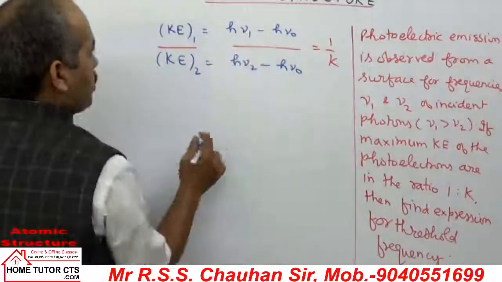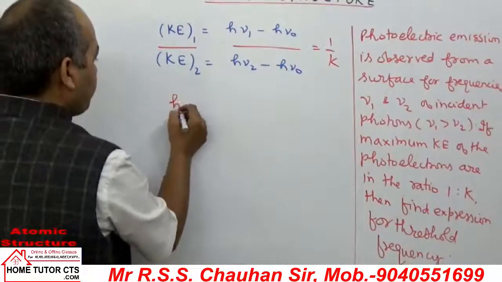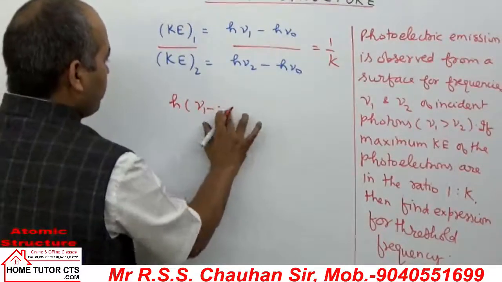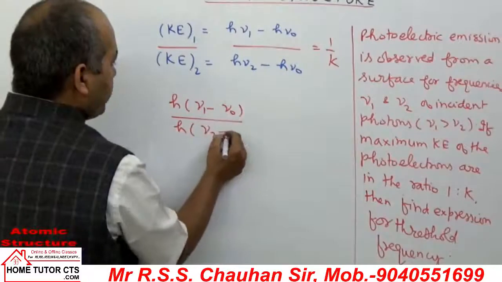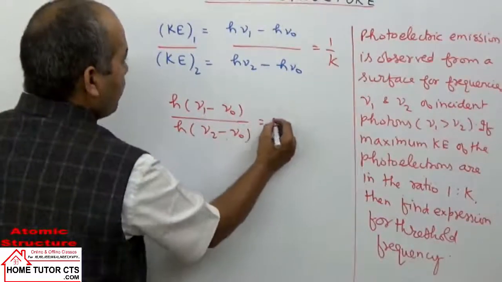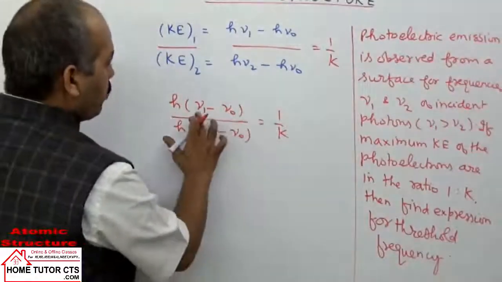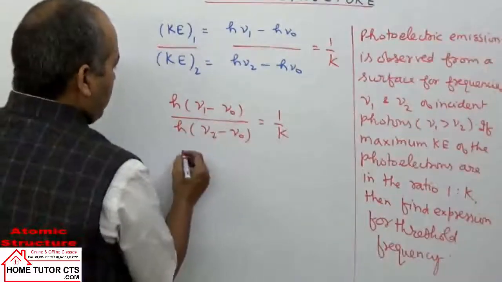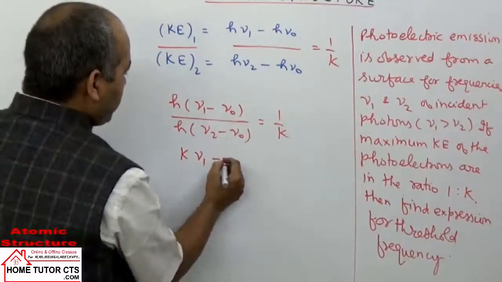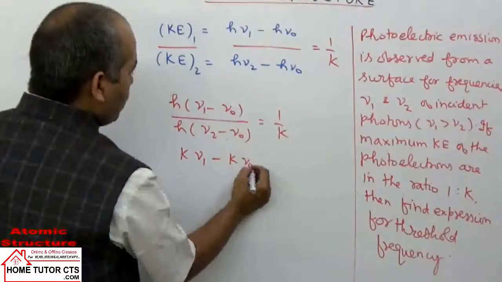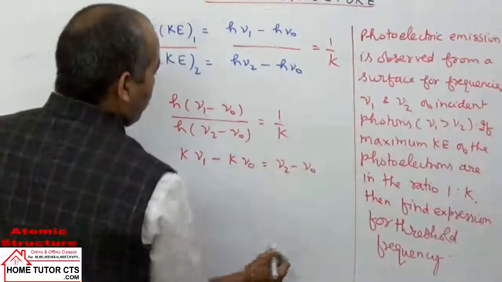From here I can take h common: nu 1 minus nu naught divided by nu 2 minus nu naught is 1/k. This has to be simplified, that's all. H cancels out, so we can write k nu 1 minus k nu naught is equal to nu 2 minus nu naught.